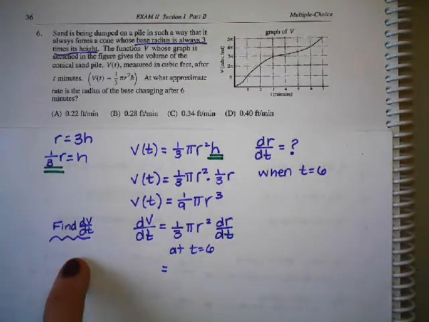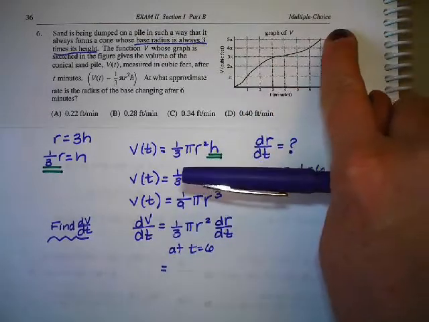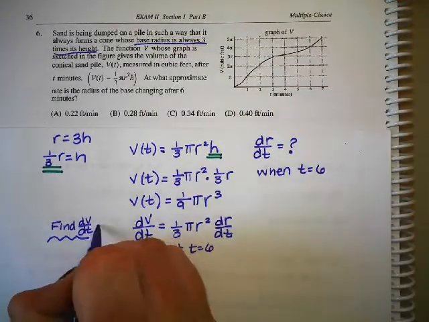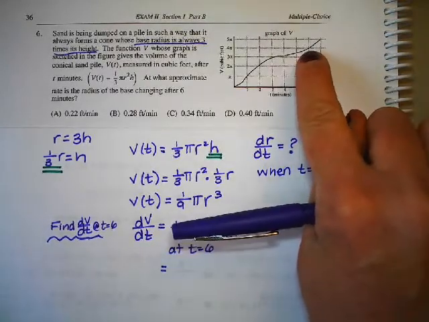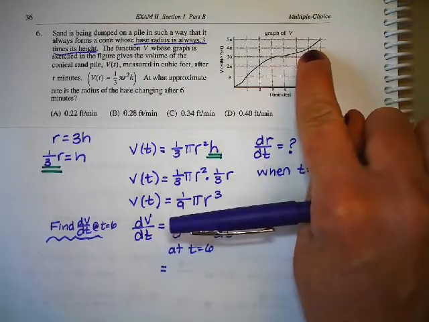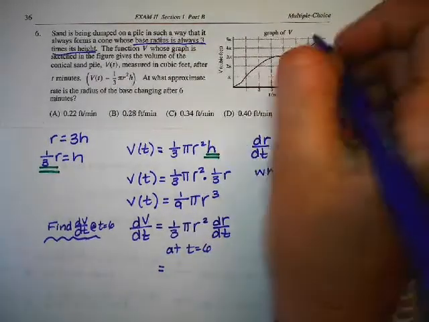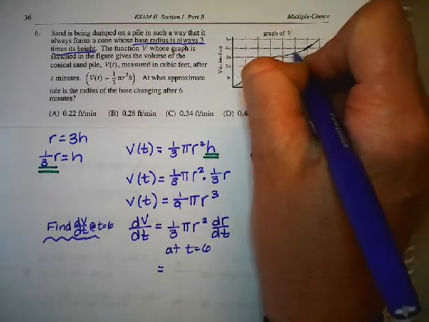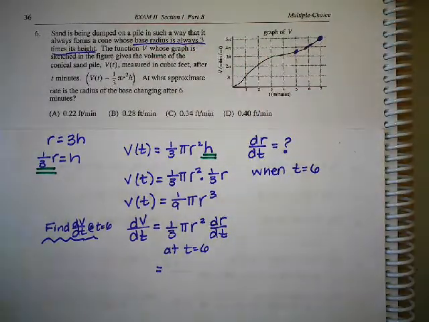dV/dt is the derivative of V. This is the graph of V, and I'm supposed to be finding this at 6. So at 6, I'm trying to figure out what the derivative is here. To find that, I'm trying to estimate the slope right here. Since I'm looking for the slope right here, I'm going to pick 2 points on either side and find the slope between those 2 points.